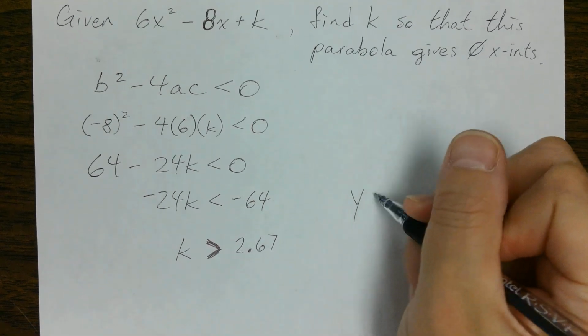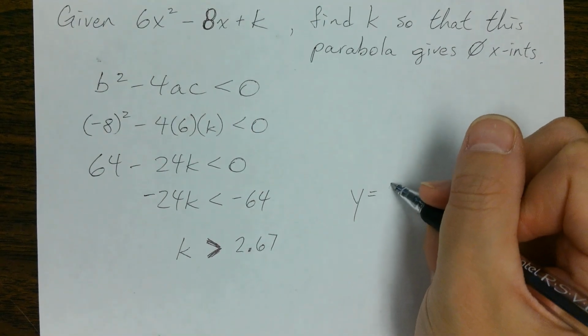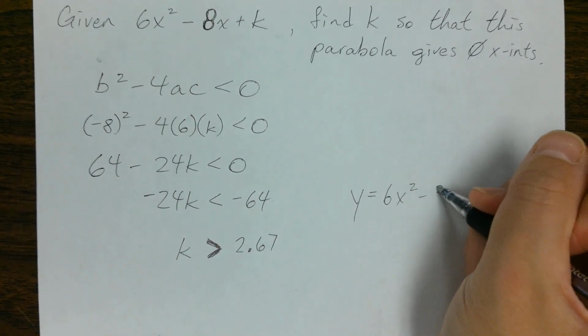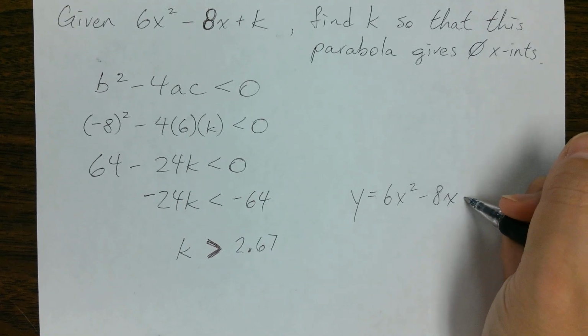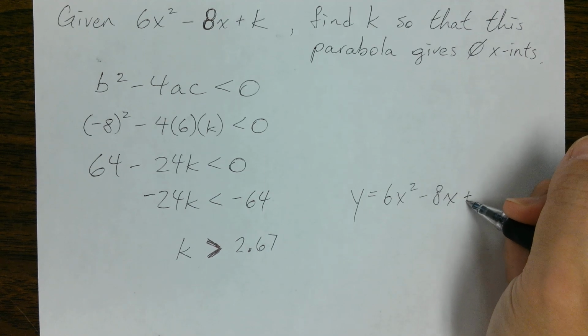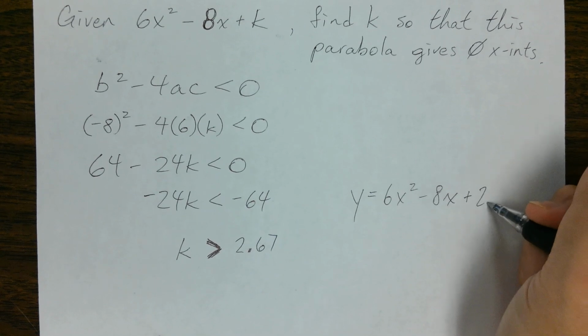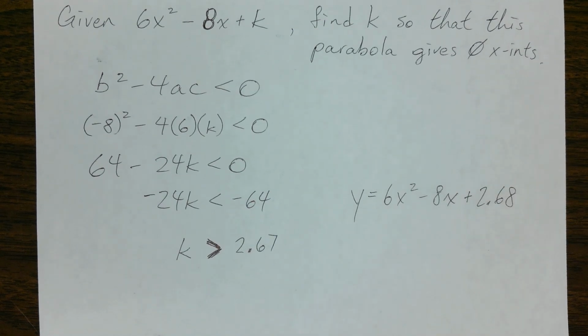Okay, so what's one example of this equation then? Y equals 6x squared minus 8x. An example? Eagle? Yeah, sure. Plus 2.68. Anything greater than 2.67, that's a valid answer.